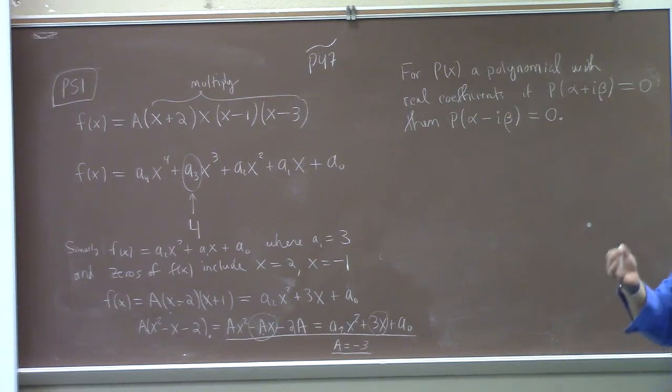So this is the statement. People will say that complex zeros come in complex conjugate pairs. Like anytime you have a complex zero for a polynomial, you always have another one. They come together. They come in pairs.